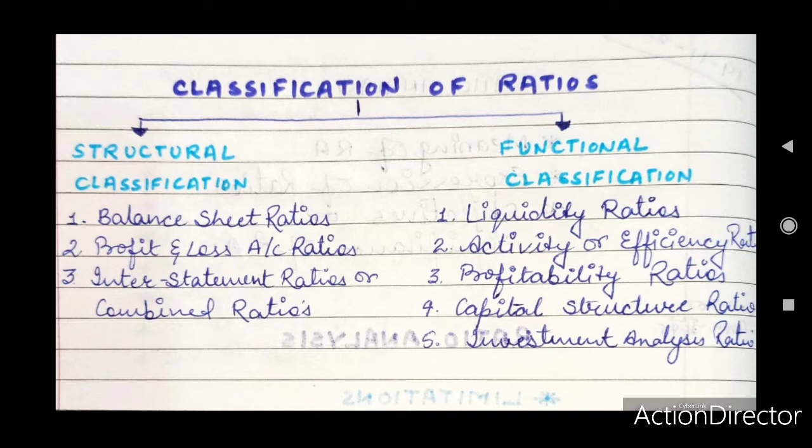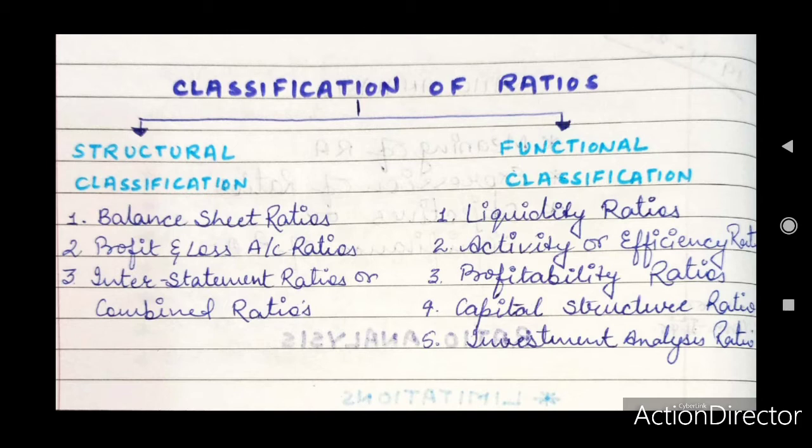Number 3, profitability ratios. These ratios are intended to measure the end result of business operations, that is, profitability. Profitability is a measure of the ability to make a profit expressed in relation to sales or investments. As such, the following ratios are computed in this category.